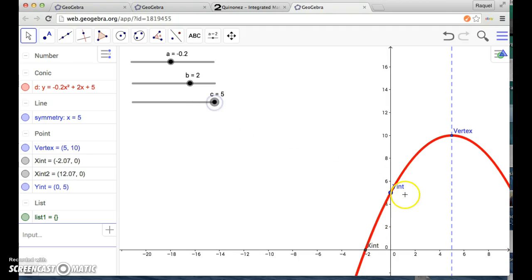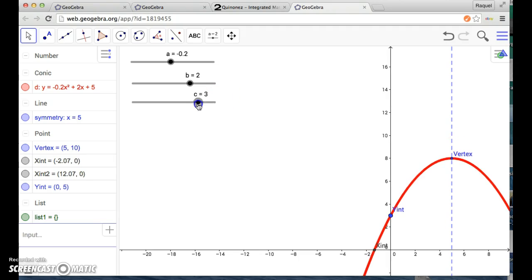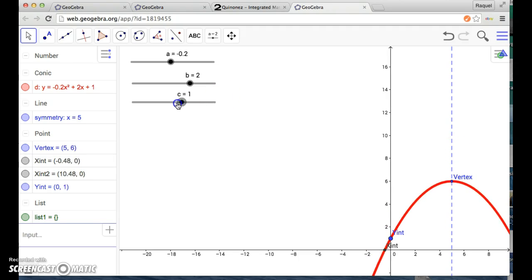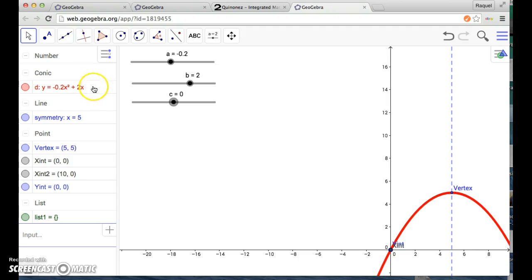No matter what C is, or no matter what A and B are, the y-intercept is always C, because x would be 0 on this axis. On this axis, x is 0, which would eliminate this and that. So all that would be left over is C. If there is no C, then the y-intercept is 0.